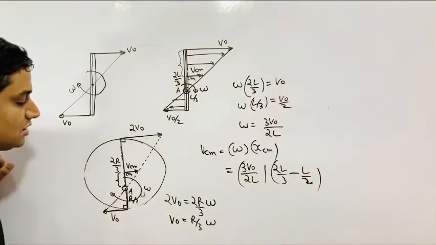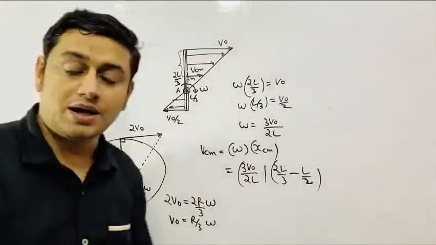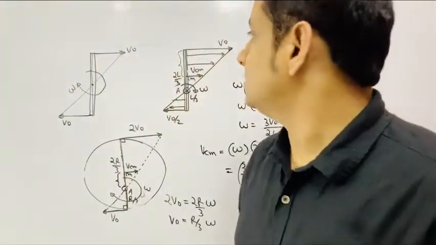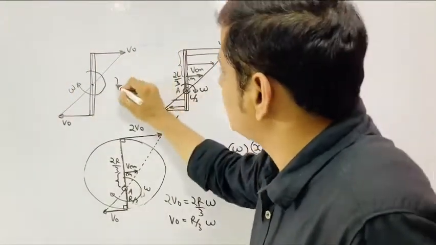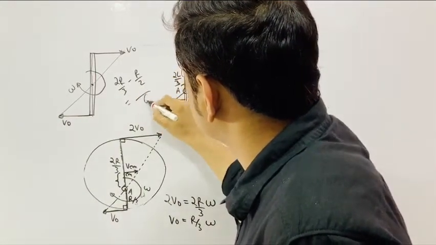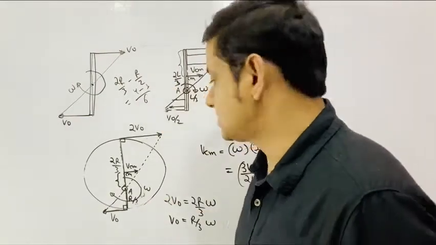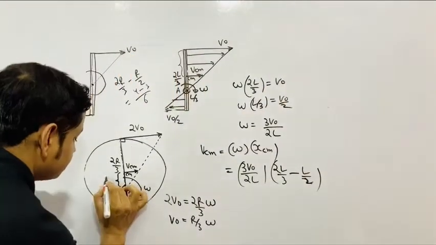Center of mass to instantaneous axis is 2r by 3 minus r by 2. So what is 2r by 3 minus r by 2? That is equal to (4 minus 3) r by 6, so this is r by 6.